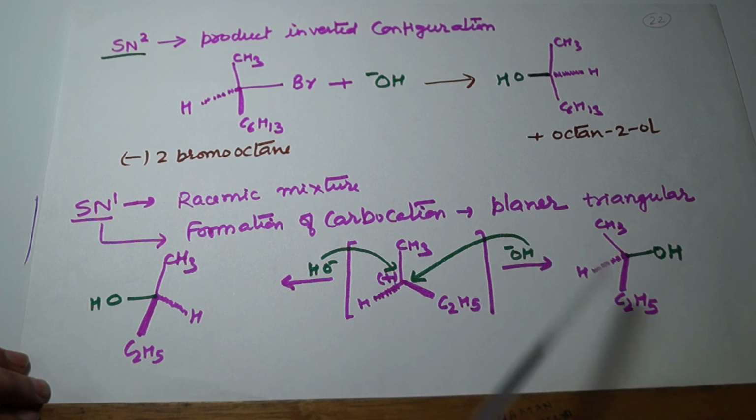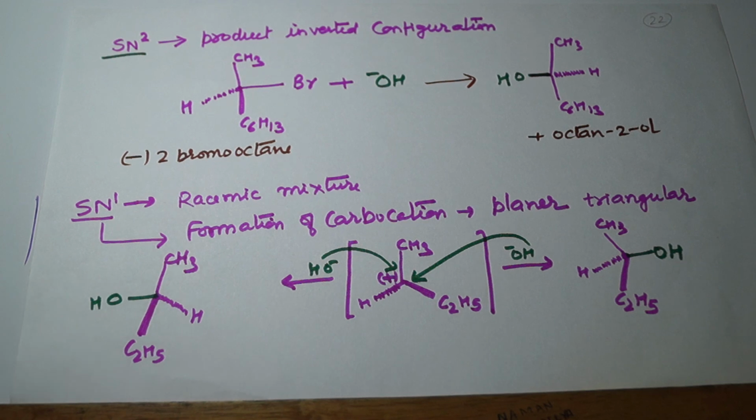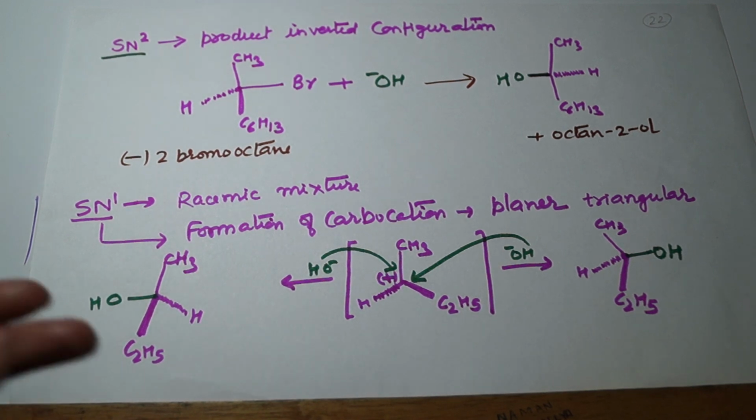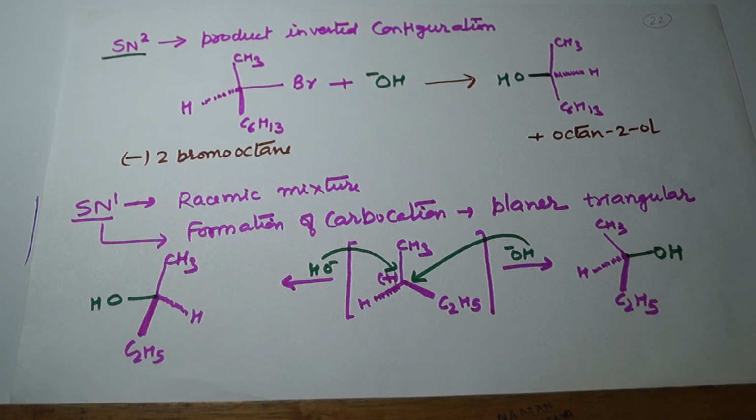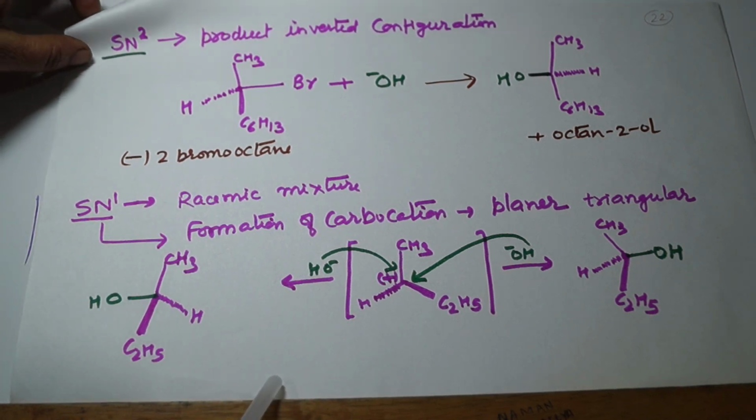One is retention and one is inverted. And in carbocations, because there are 50-50 chances of the nucleophile attacking from the upper side and from the lower side, you will get a racemic mixture. This is all about the stereochemical aspects of SN1 and SN2 reaction mechanisms.